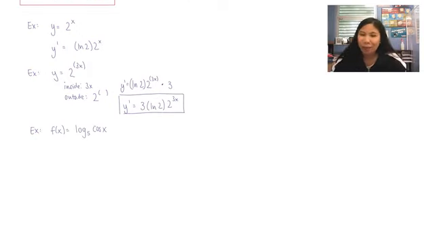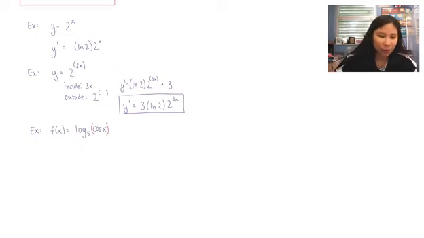Okay, for my next example, I want to do one with the log. So here, we are finding the derivative of log base 5 of cosine of x. And again, there's no parentheses written, but really, we're taking the log of cosine of x with the base of 5. So again, we would need chain rule here. So the inside would be the cosine of x, and the outside would be the log base 5 of the stuff.